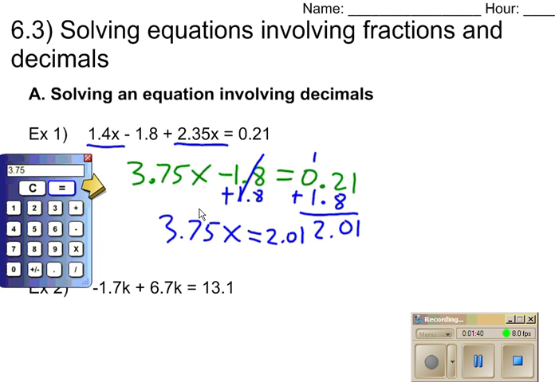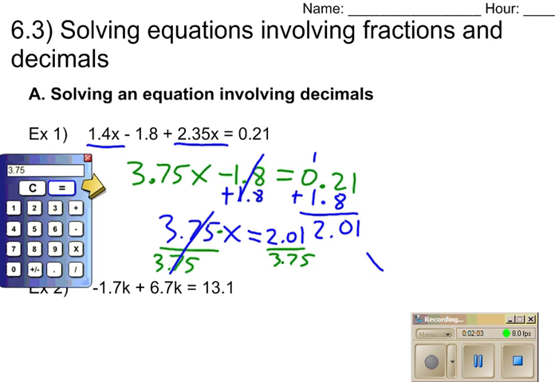My next step is to get x by itself. This is multiplication, so I need to divide to undo. So divide by 3.75. Because the denominator is smaller than the numerator, our answer is going to be a decimal smaller than 1, but that's okay.